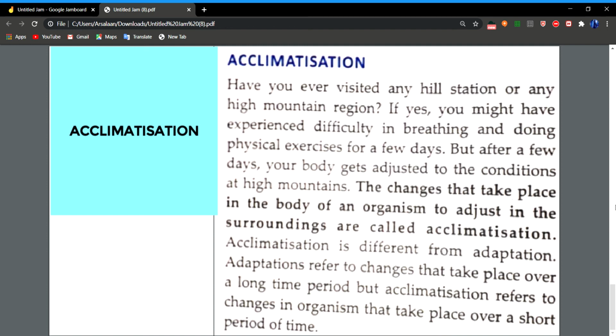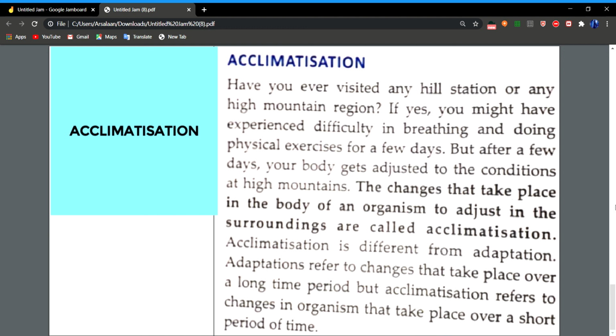And acclimatization, suppose you go to visit a hill station. You must have noticed that for the first few days you will feel difficulty in breathing and doing any physical work. But as you start living there for some days, your body adjusts and you are able to breathe properly. This fast adjustment in the body is called acclimatization.